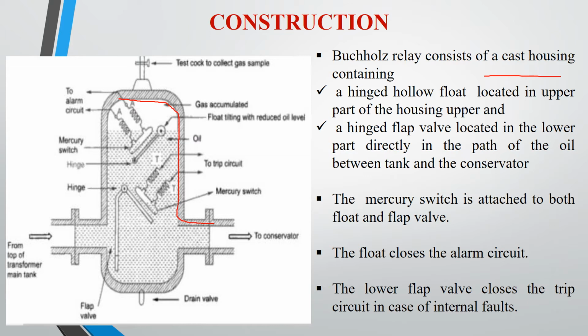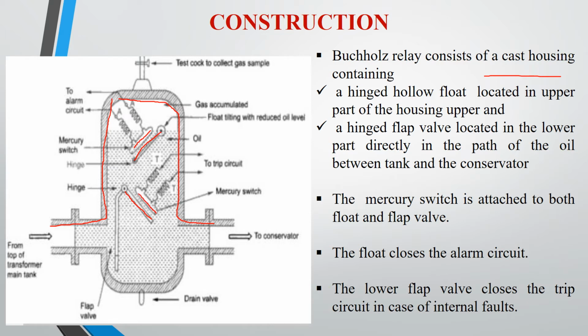This is a hinged hollow float located in the upper part of the body, and a hinged flap valve located in the lower part of the housing, directly in the path of the transformer tank and the conservator.